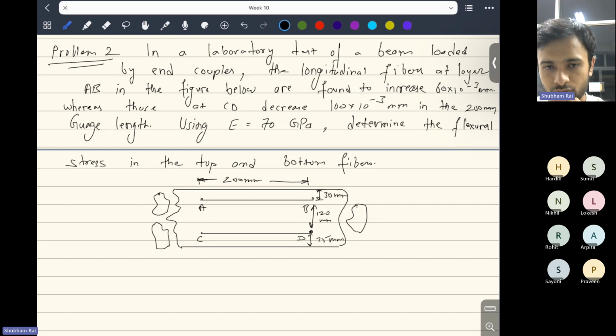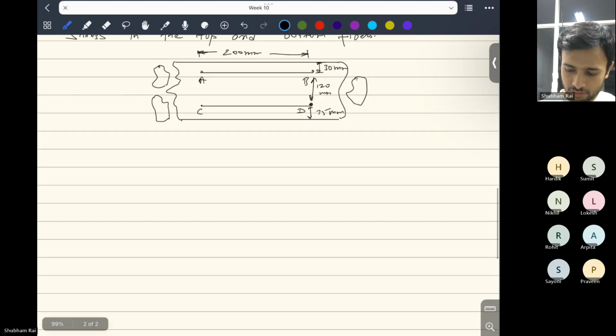Okay. So on the neutral axis there will be zero strain, right? So let me just try to solve it. If you draw the diagram again, see this is the beginning.